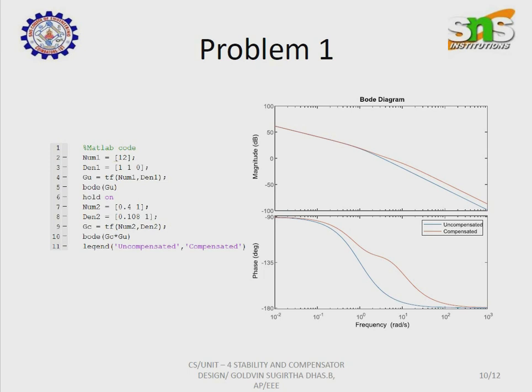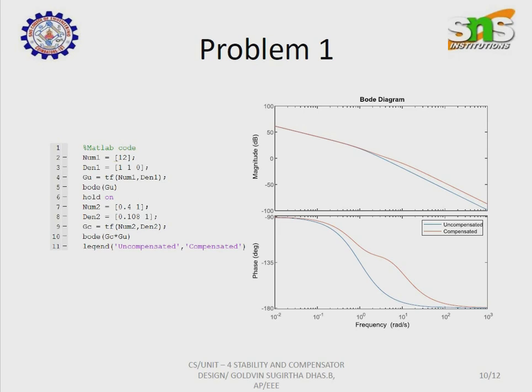Next, since we need to plot the effect before compensation and after compensation, we are using another function. So num2 values we are entering as 0.4 and 1, and denominator den2 as 0.108 and 1. So this is the compensator system. So we are finding the transfer function of the compensator system: Gc equal to transfer function of numerator 2, denominator 2.